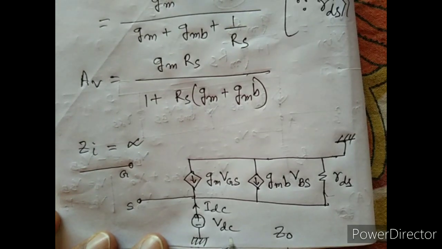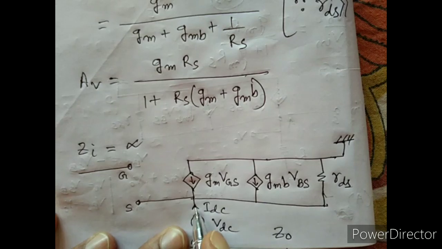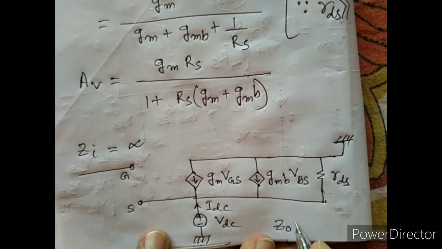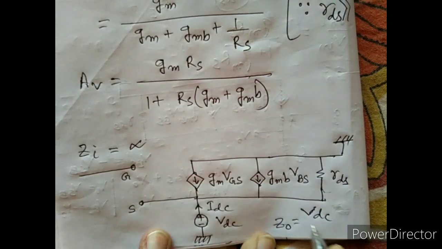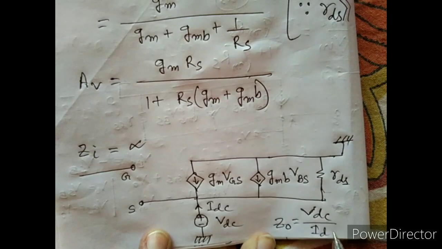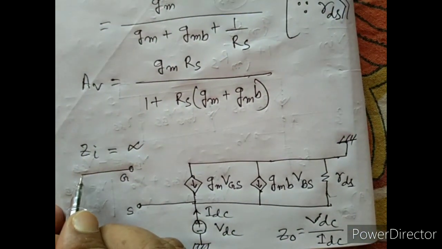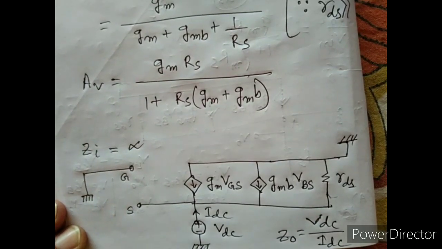So I am replacing that resistance with a constant voltage source VDC, and current passing through this branch is IDC. So output impedance Z equals VDC by IDC, and that Vin is grounded.